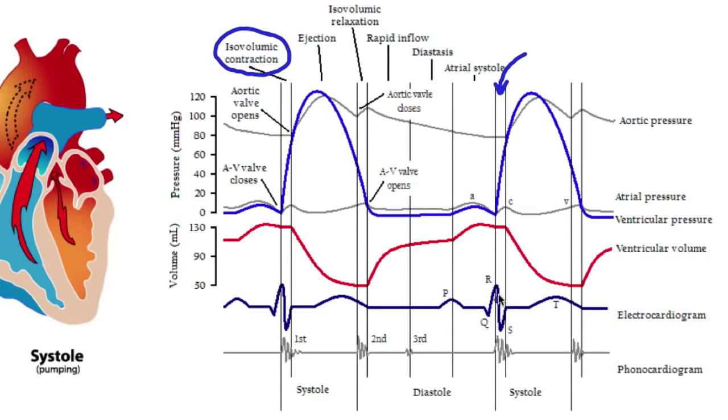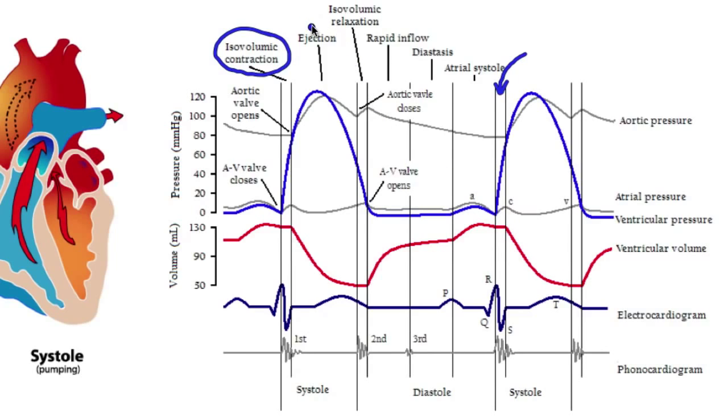Then we've looked at the QRS complex, which then causes ventricular contraction, an increase in pressure. Here you have isovolumetric contraction where the valves are closed and no blood is exiting the ventricles. And then you have the semilunar valves opening when the pressure in the ventricles can overcome the amount of pressure in the aorta, and that causes ventricular ejection.